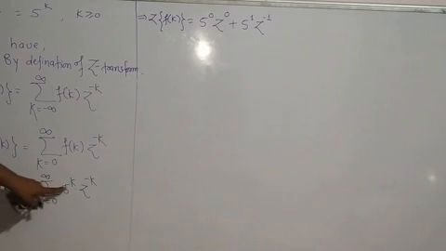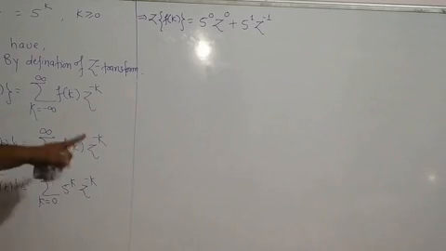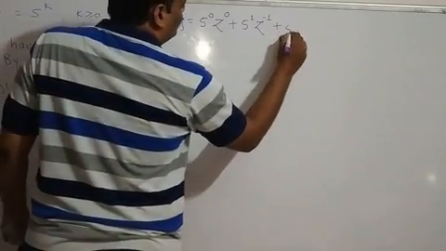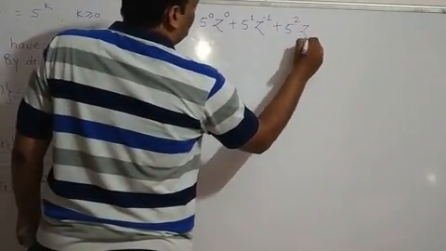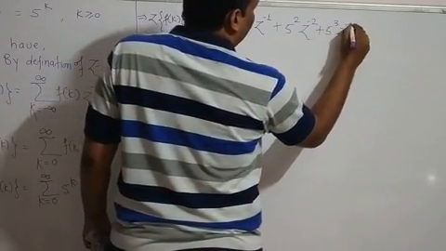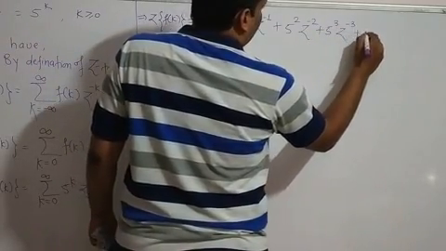I told you that if the power of the function is positive, then the power of z must be negative, and if the power of the function is negative, the power of z must be positive. Now if you put 2, you have 5 raised to 2 z raised to minus 2, plus 5 raised to 3 z raised to minus 3, and so on.